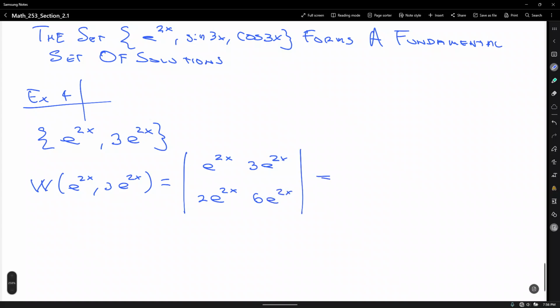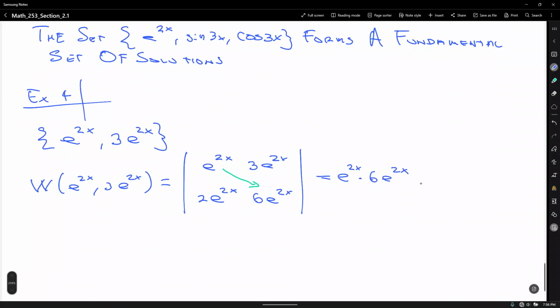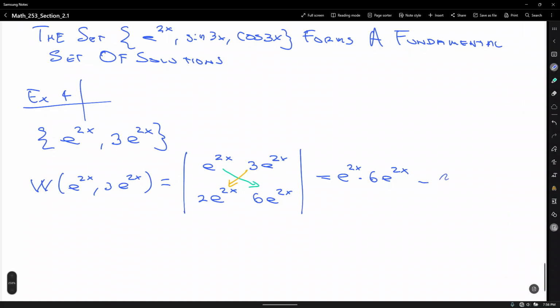Let's compute the determinant. Elements along the main diagonal get multiplied to give us e to the 2x times 6 e to the 2x, minus the product along the secondary diagonal, 3 e to the 2x times 2 e to the 2x.